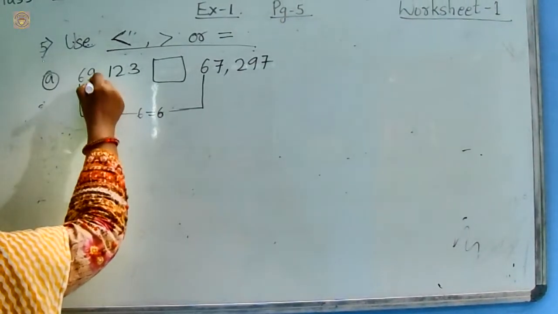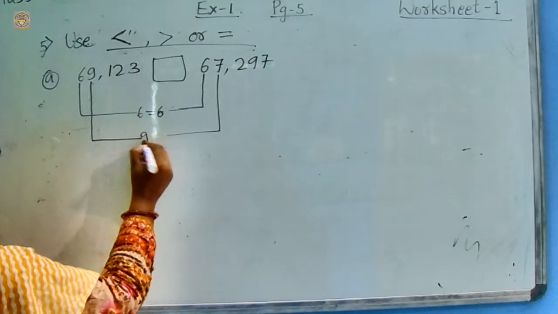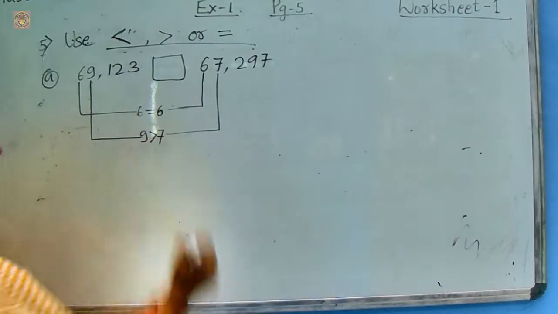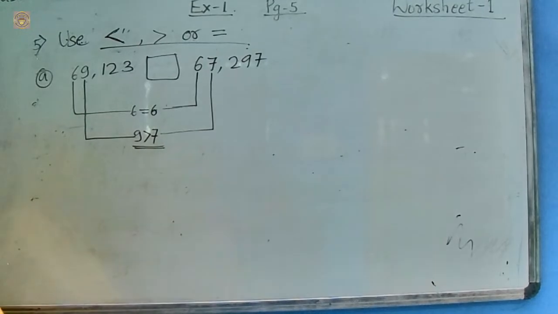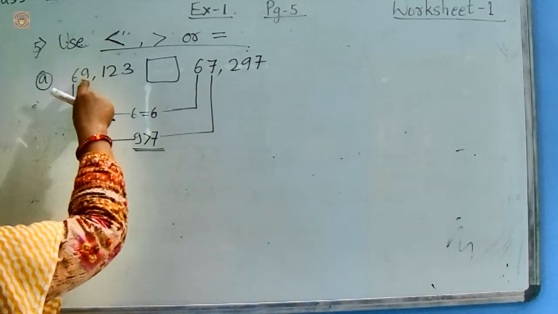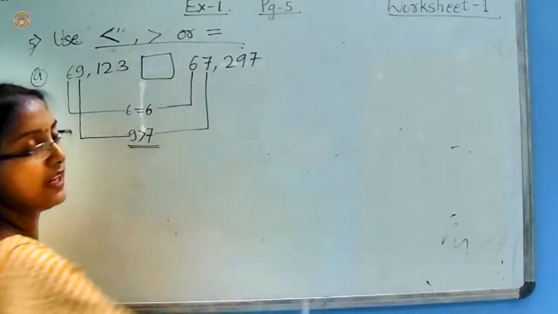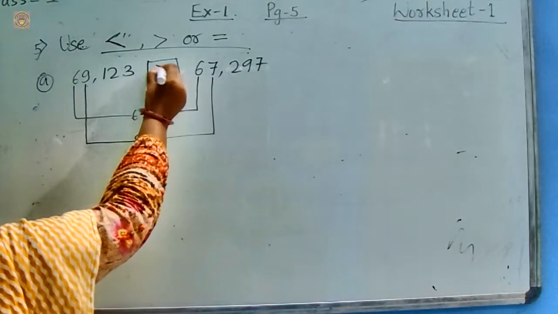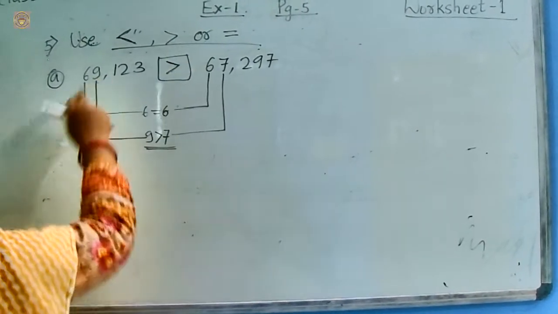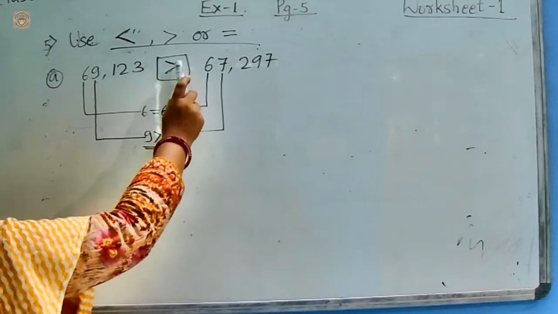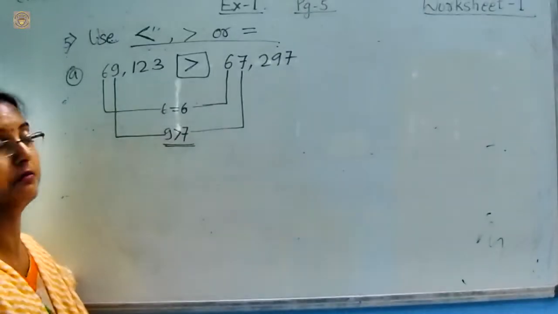Now at the next place value we see 9 is greater than 7. So ultimately 69,000 is much greater than 67,000. So we will put this sign. That means the opening end denotes the largest number and the closed end denotes the smallest number.